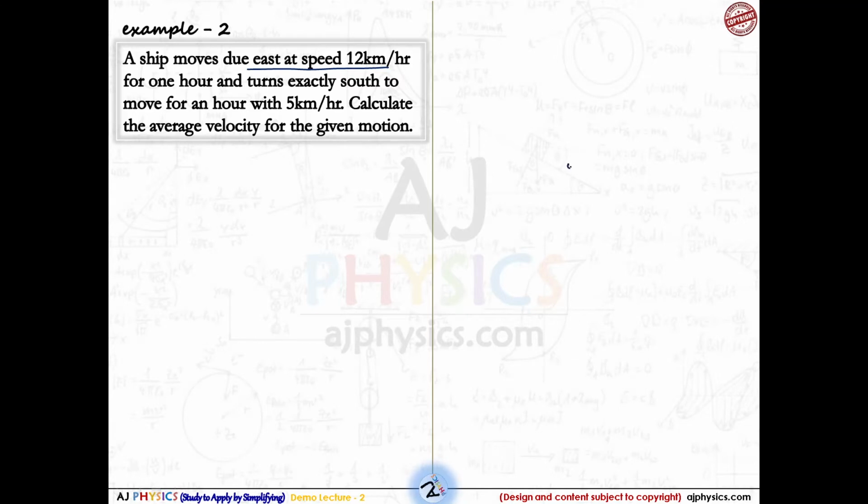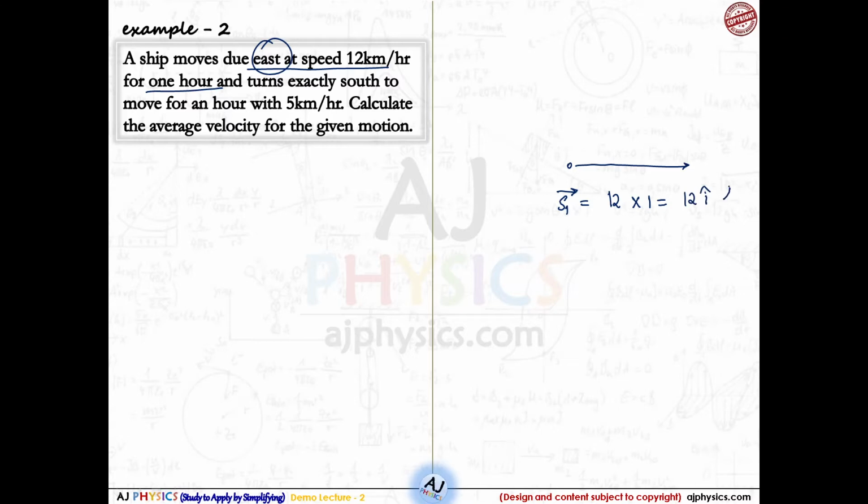So let us suppose that it's going here with the speed of 12 kilometer per hour. It is moving for 1 hour. So what will be the displacement covered? That is S1 vector, which is equal to 12 kilometer per hour multiplied by 1. And also you have to specify the direction. If it is east, we'll write i cap.